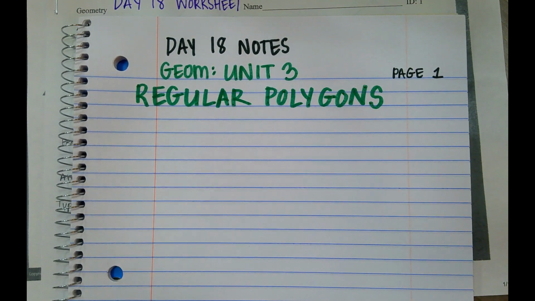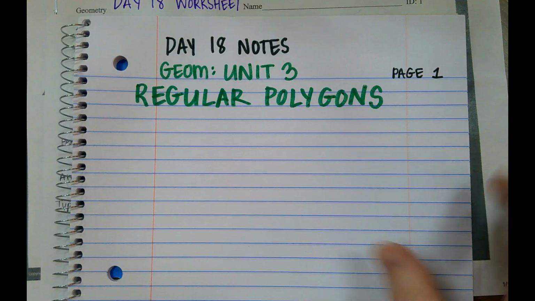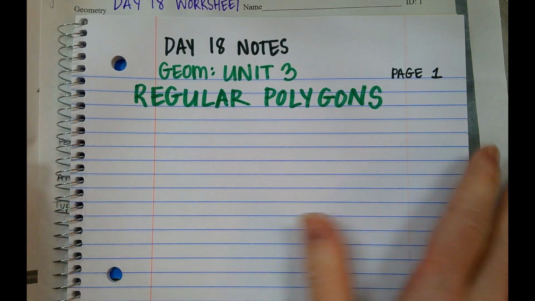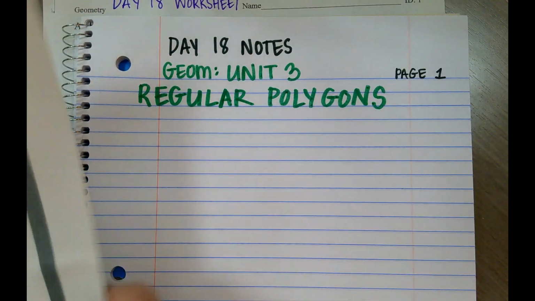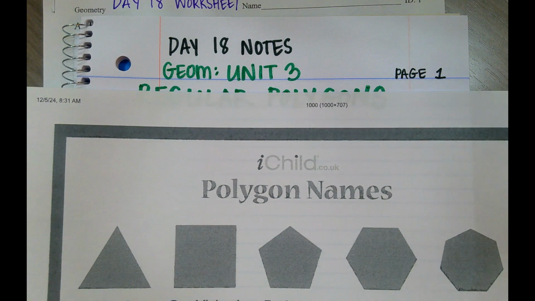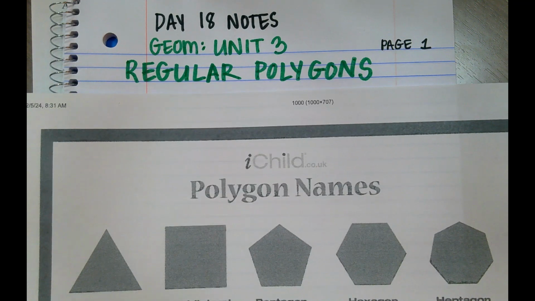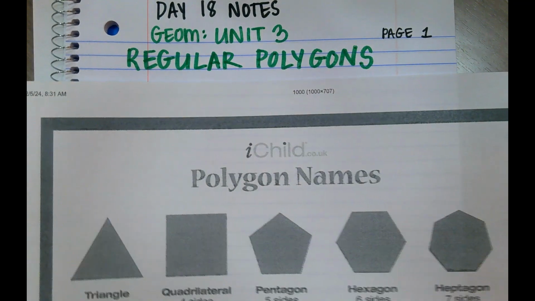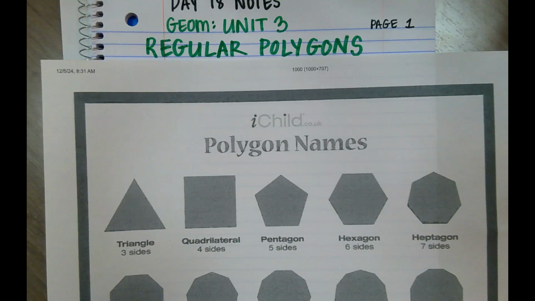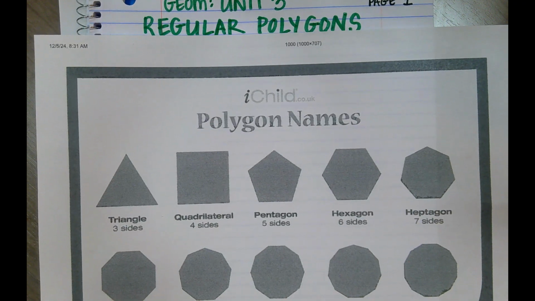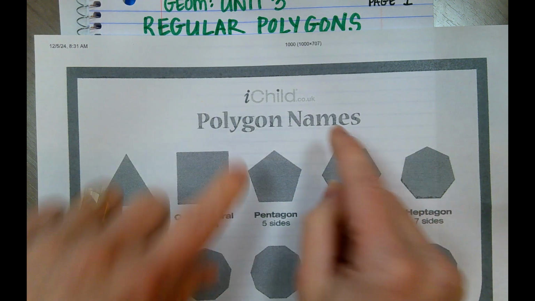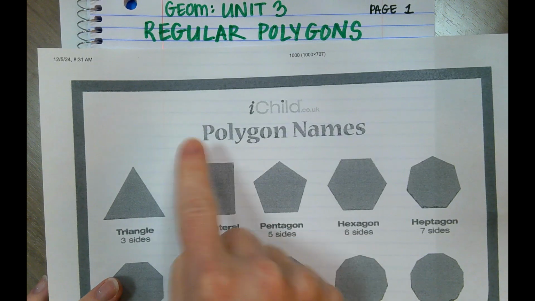So we need to know what a regular polygon is. If we look at this handout that says polygon names, we have a bunch of pictures of different regular polygons. First of all, a polygon, you can break up that word.